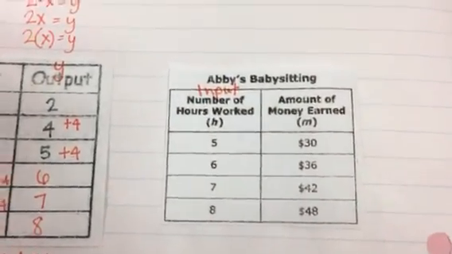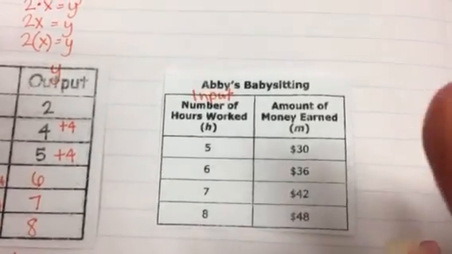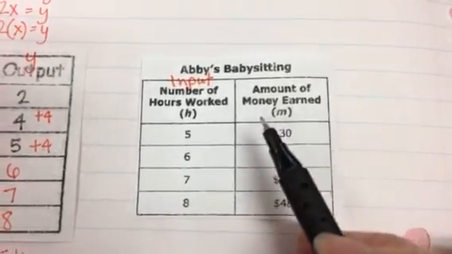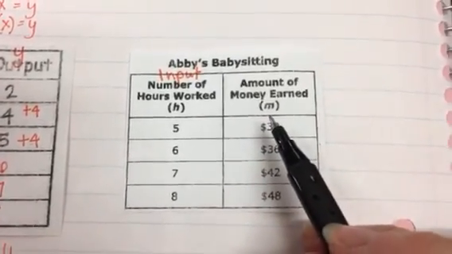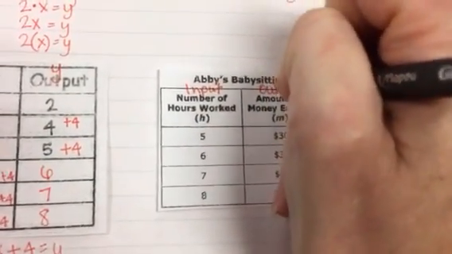And we know that if we take the number of hours that she worked and we manipulate it or change it somehow using math, that we get the amount of money that she earned, and we're using an M for money to represent her output.